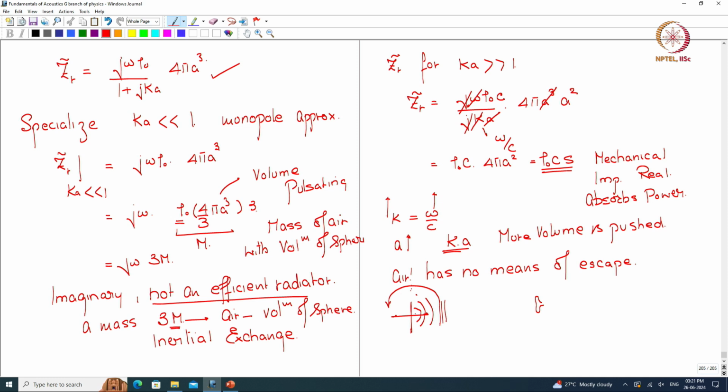Similarly, when the piston tries to push the other way, this air moves forward. So there is a local sloshing, there is local activity. As a result, very little sound reaches the ear of the observer.